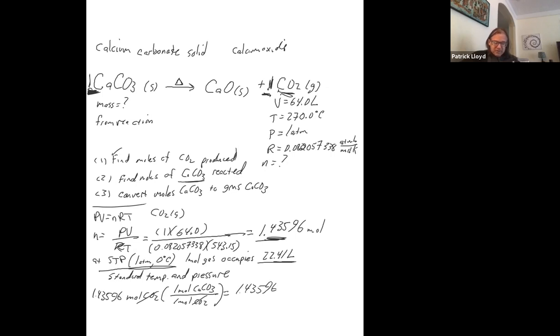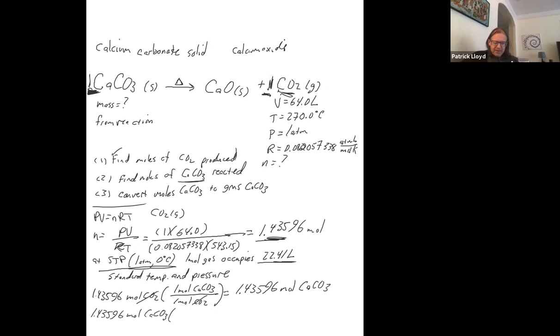You might get the right answer in these calculations, but not actually know what you're doing, right? We have to do that step because that's telling us how much CaCO3 reacted as opposed to how much CO2 was produced. And now we can just convert it to grams. Step 3, just convert it to grams. So you take your 1.43596 moles of CaCO3.